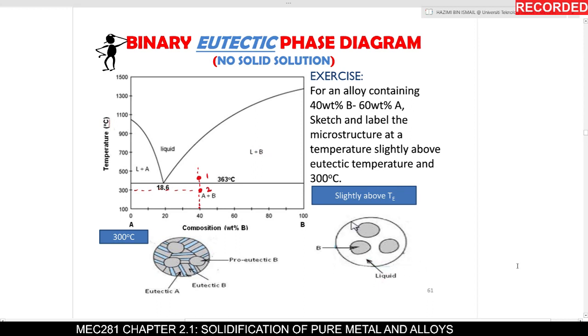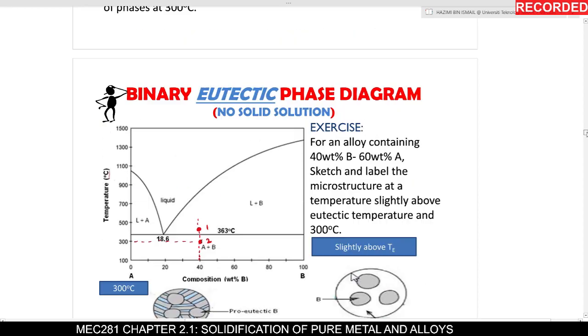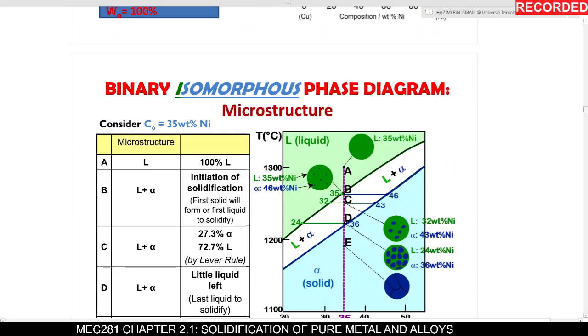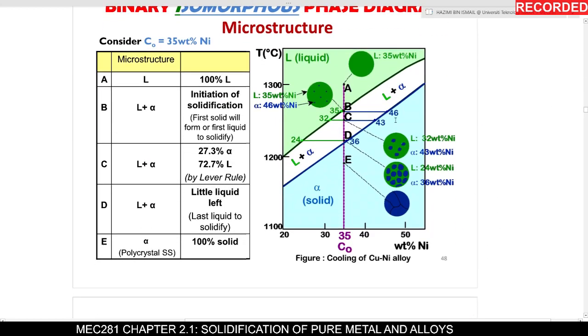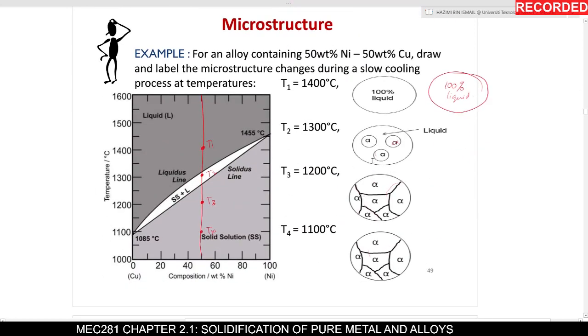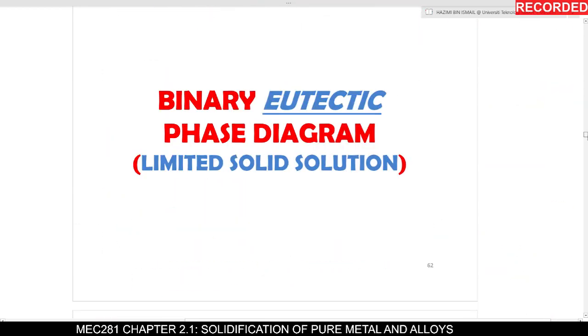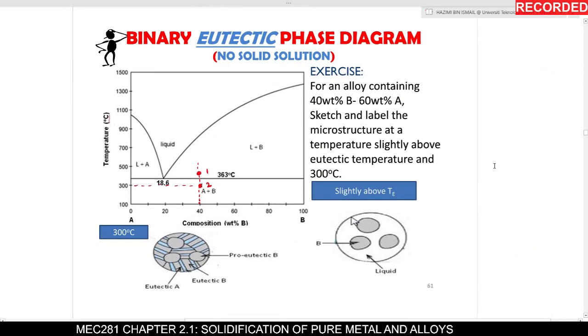This one we have already learned in the previous subchapter here, right? In the liquid and solid region, this is the kind of drawing that you must do. Okay, so we know this is the liquid and beta.